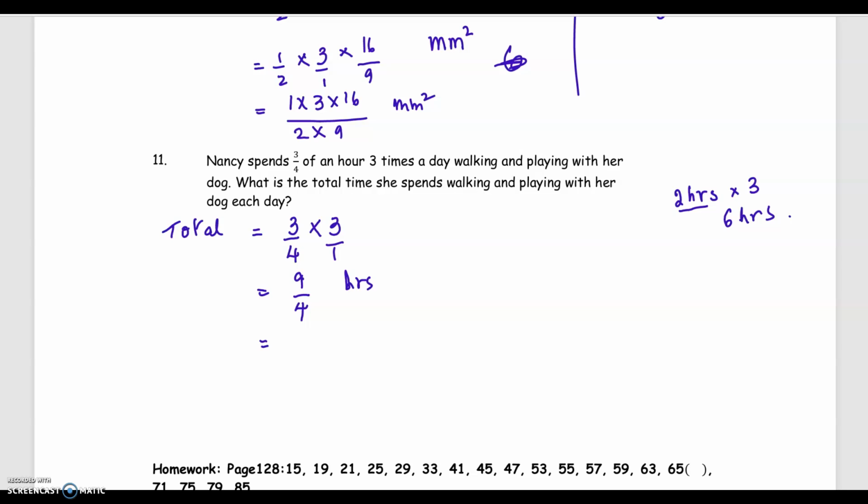Now 9/4 hours doesn't sound right, so let's just change it to a mixed number. 4 times 2 is 8, with a remainder of 1, so it's 2 1/4 hours that she spends walking her dog.